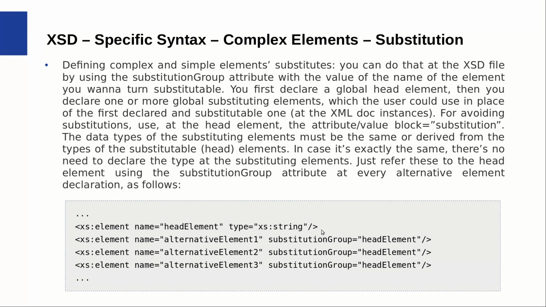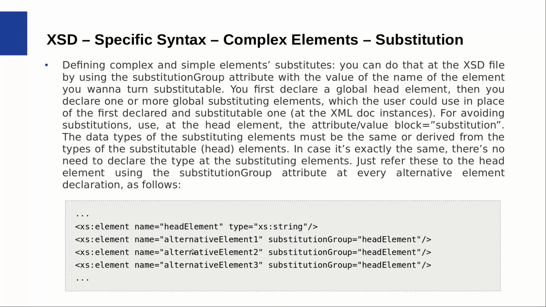So, for example, here you have a first element declared, which is generally called the head element. In this case, I've put the name head element, but you could use any other name. And you want to make this first element substitutable by other substituting elements.